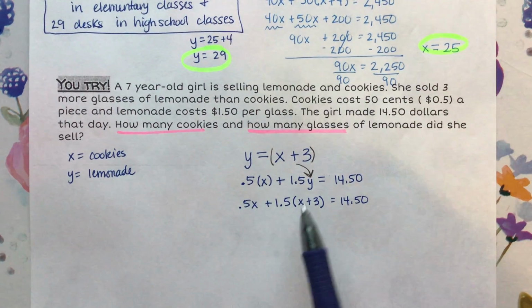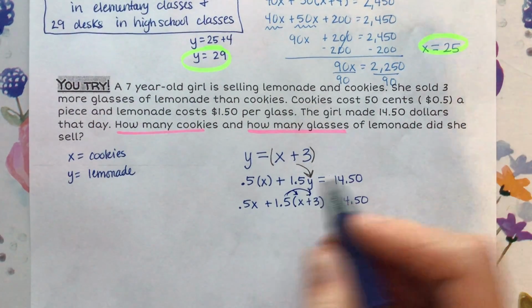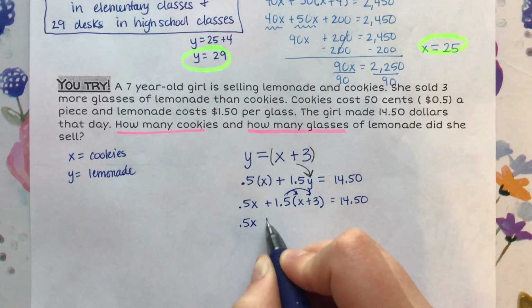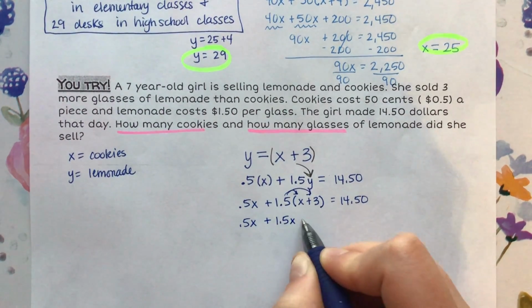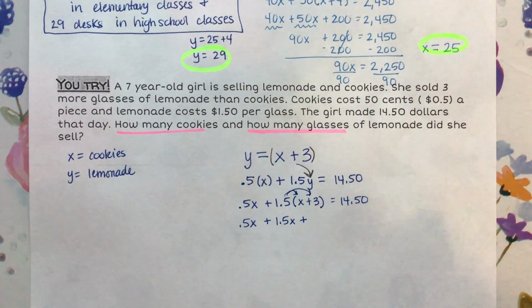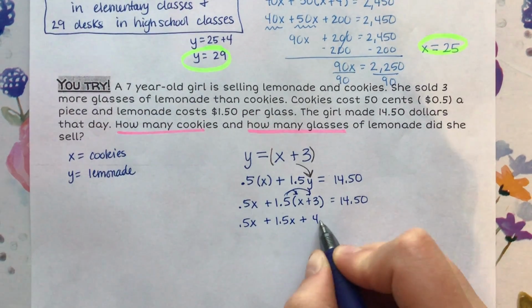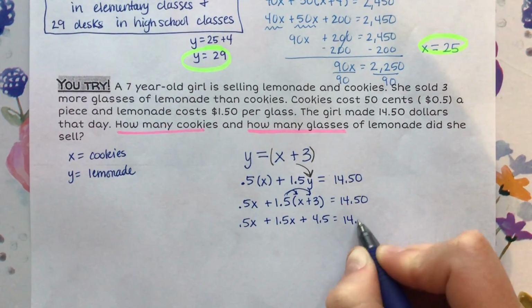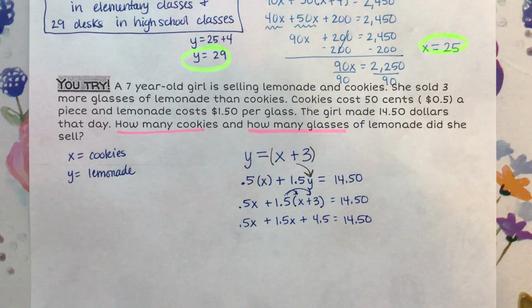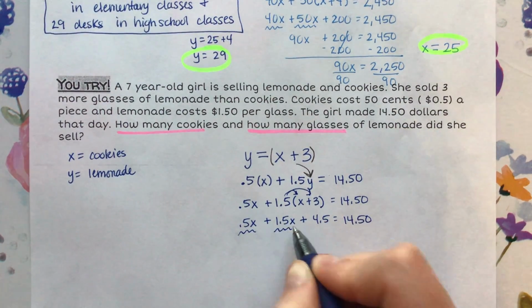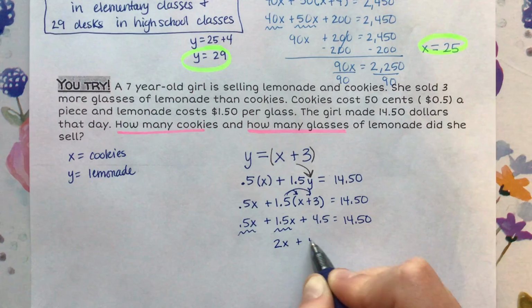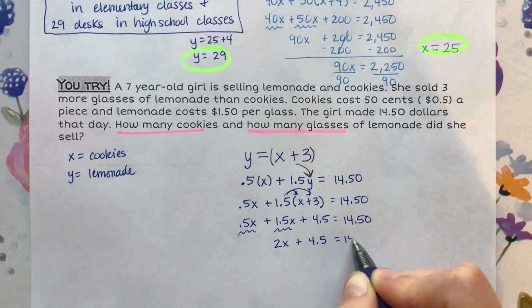To get rid of these parentheses, I'm going to distribute. So I have 0.5x plus 1.5x plus 1.5 times 3, which is 4.5, is equal to $14.50. Combine your like terms. So that's 2x plus 4.5 equals $14.50.